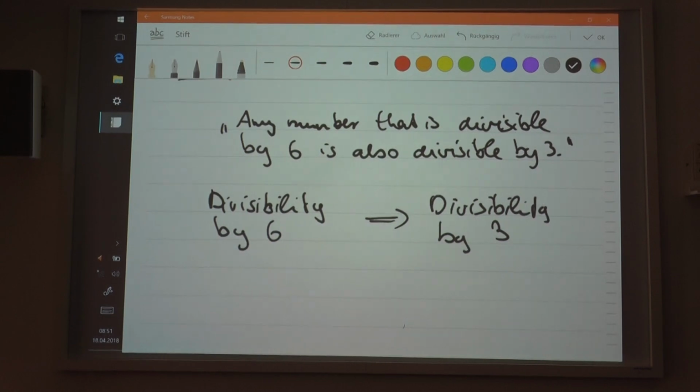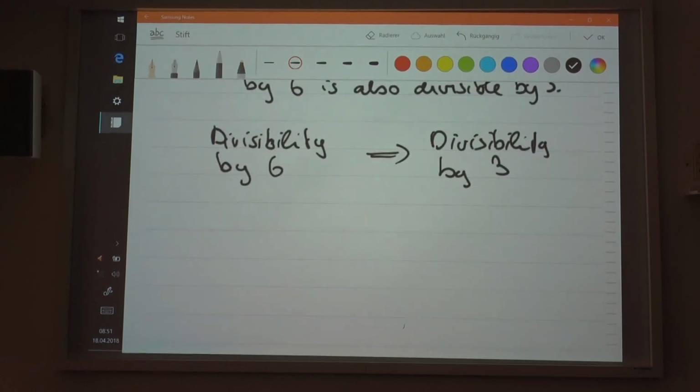So divisibility by 6 is sufficient for divisibility by 3, right? Any number that is divisible by 6 is also divisible by 3. On the other hand, you can also say that the divisibility by 3, this statement here, is necessary for the other one. That statement is a necessary one, and this statement is a sufficient one. So that statement here is necessary for the divisibility by 6.